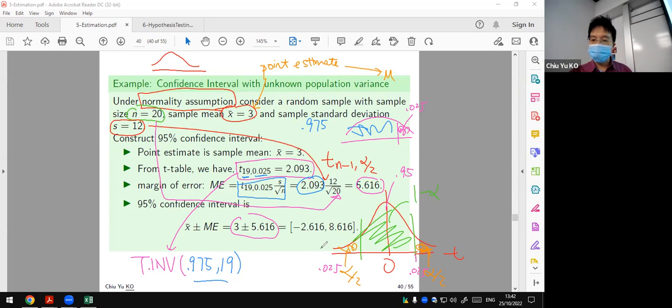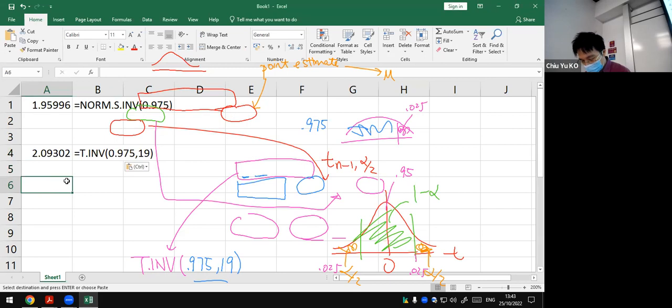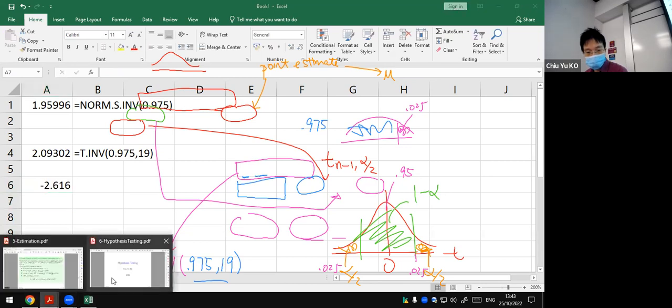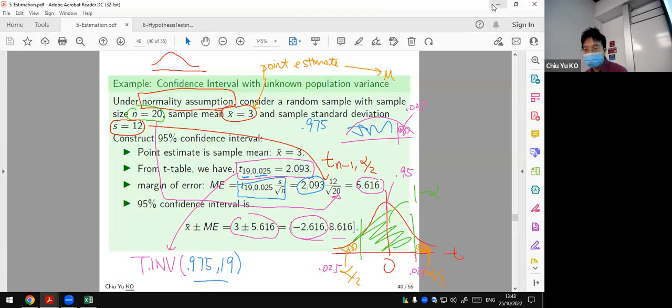So it's either this number or this number. I think I made a mistake. Should not be this one, because 3 minus, I'm sorry, there's a typo here. So it should be 3 minus 5.616.